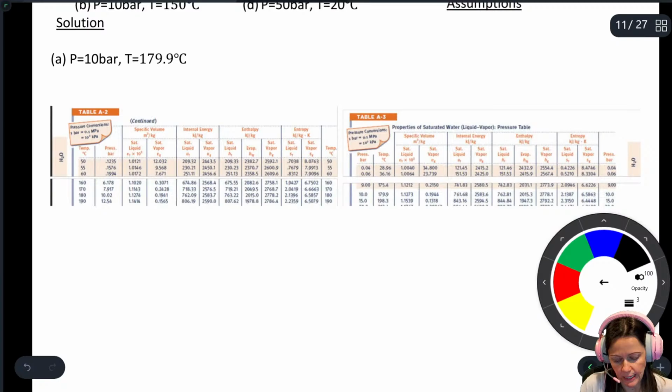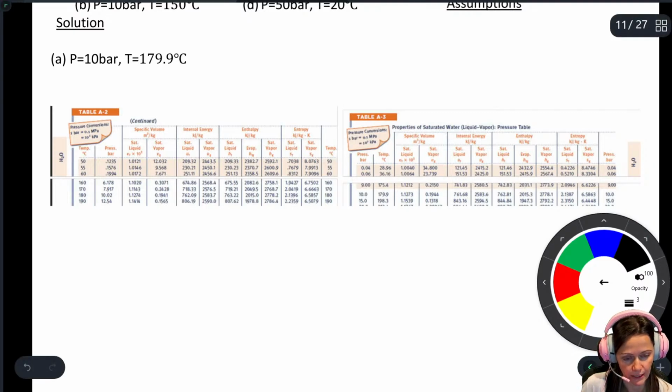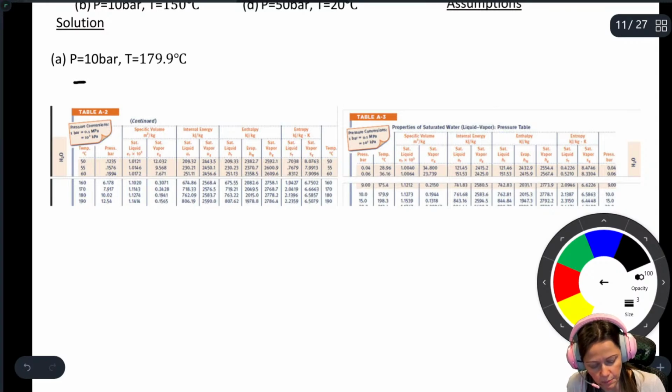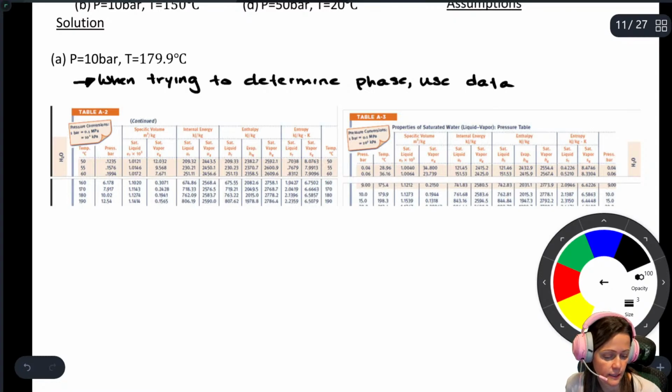The first one is asking what phase we are in at 10 bar and 179.9 degrees Celsius. When you try to determine the phase, you're going to use the data in your saturated tables.